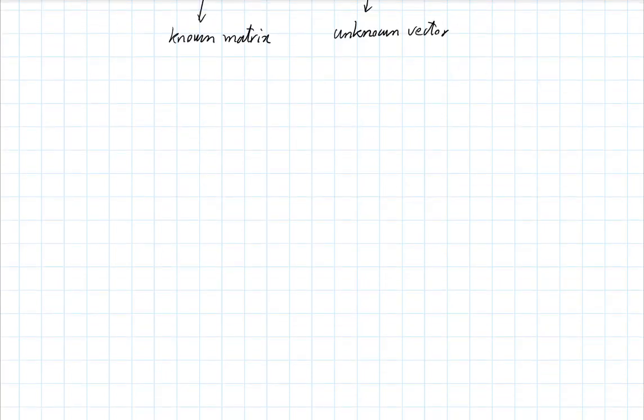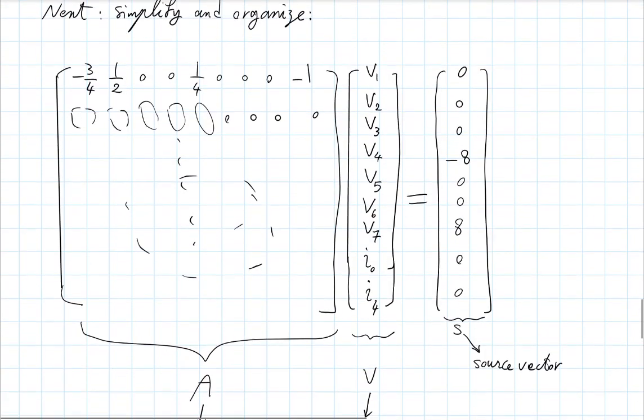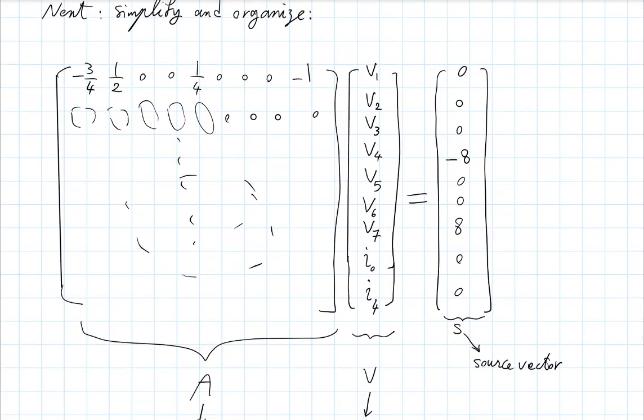So you're dealing with this matrix equation, A times V equals S. And so you can find V as simply A inverse times S. And so this is something that you can program easily into a programmable calculator or a computer.